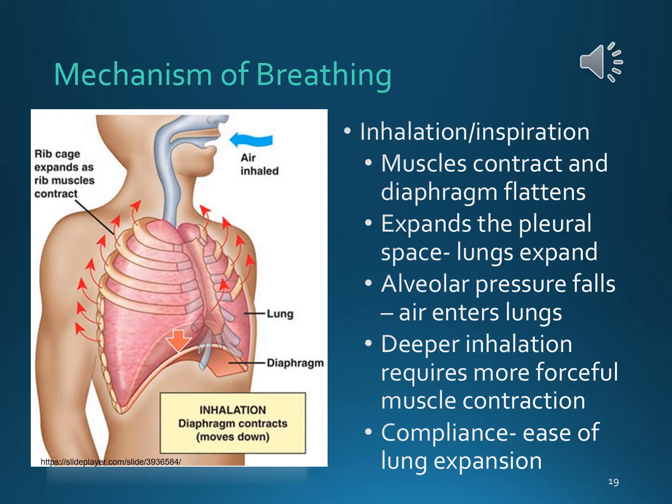When that happens, alveolar pressure falls because remember the pressure inside the thoracic cavity is negative, and air enters the lungs because it's coming from an area of higher atmospheric pressure. If you want to inhale deeper, it requires a more forceful muscle contraction, and you all know what it feels like to take a deep breath. The rib cage muscles expand, the diaphragm flattens, and that's how inhalation or inspiration occurs.